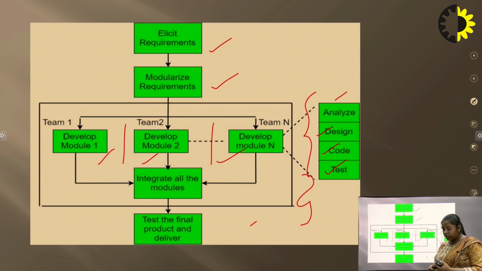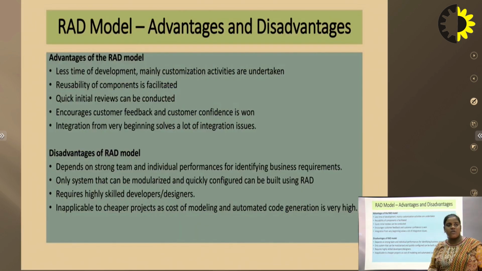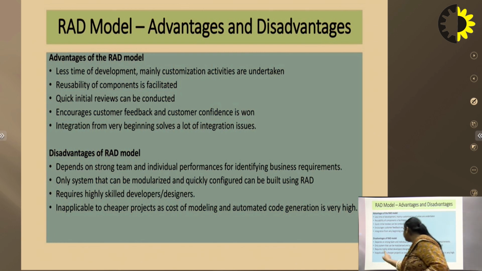So if I talk about the advantages of the rapid application development model, the main advantage is that here we can build and develop the software in a very quick or short time period. And what is the main drawback of rapid application development?